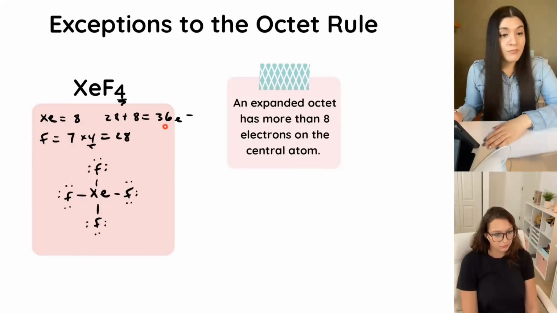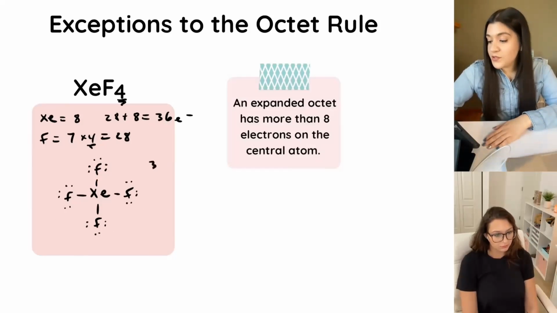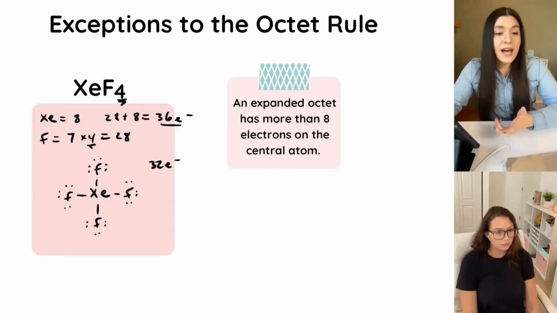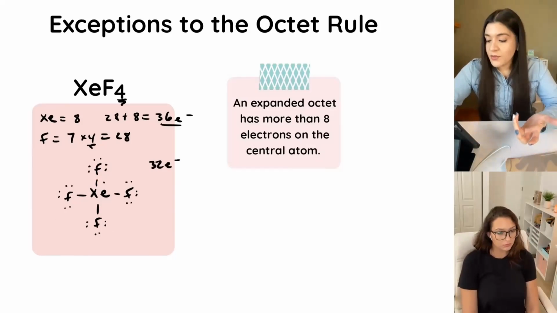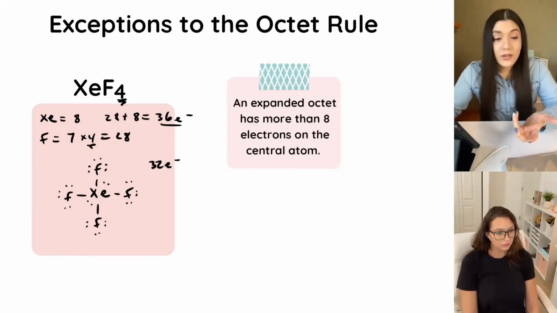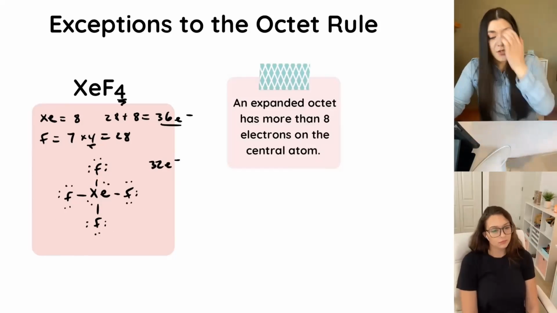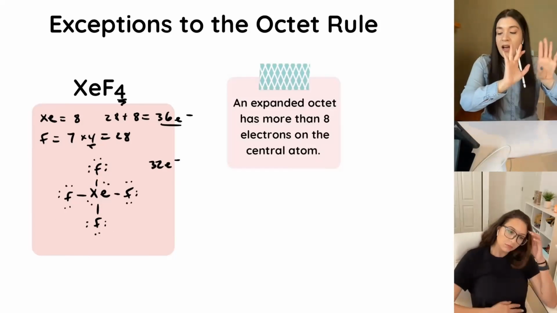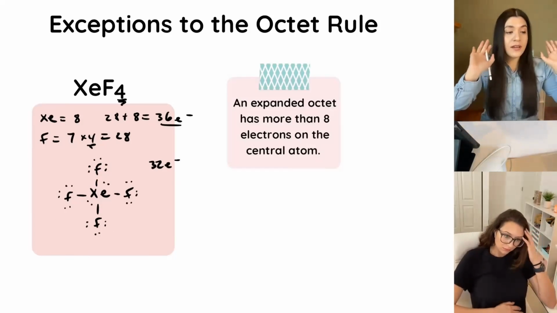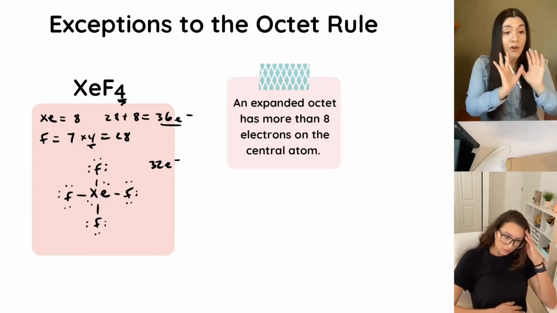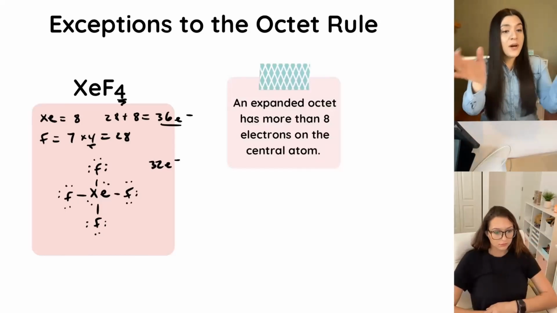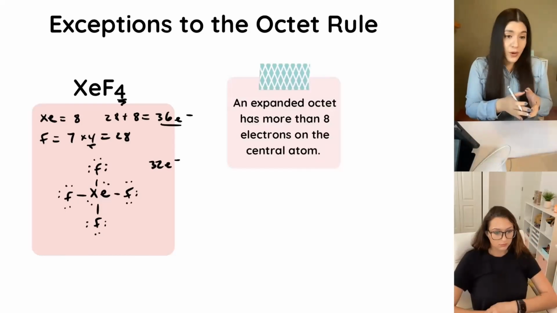We need more. So right now this only has 32 valence electrons. We need 36. So because of that, we need to add 4 electrons. That means we're going to add 2 lone pairs on the central atom. So that's something to note: whenever you put all of the electrons on the surrounding elements on the outside, and you don't have enough valence electrons, then you come back to the central atom and add more.